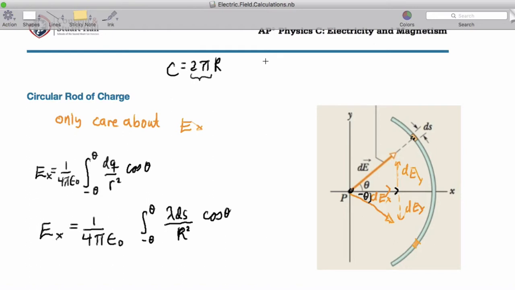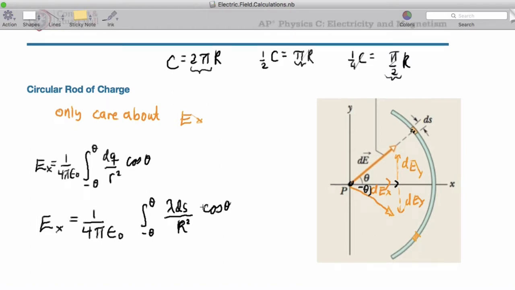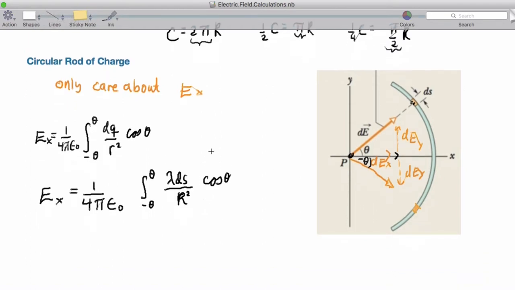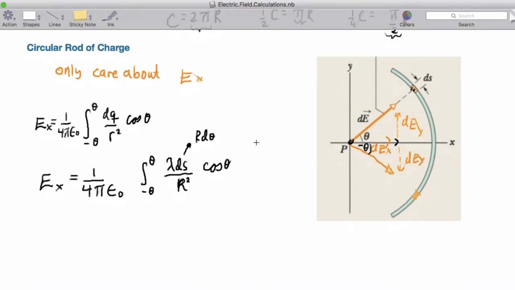Half a circle would be pi r, and a quarter of a circle would be pi over 2 r. You notice how pi over 2 is 90 degrees and pi is 180 and 2 pi is 360 degrees? So if I take the angle in radians and multiply it by the radius, that's my hunk of circumference that I cover. So ds in this case is going to be r times my little hunk of angle d theta that I move through.